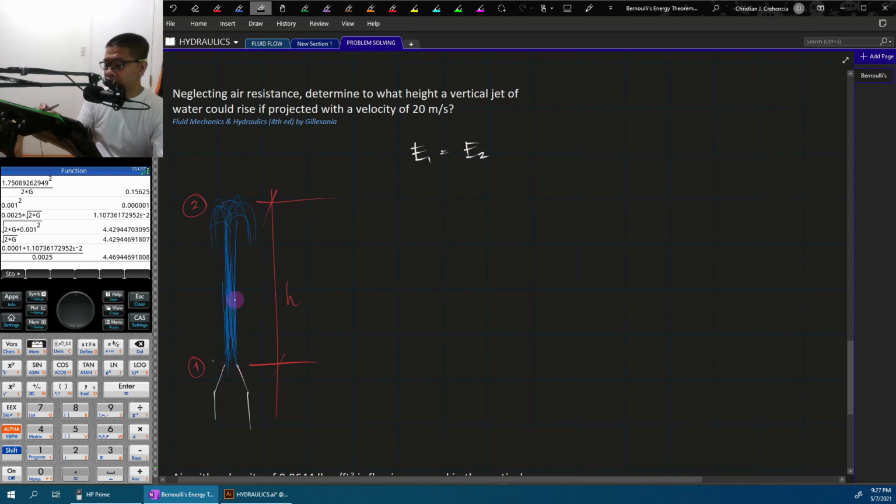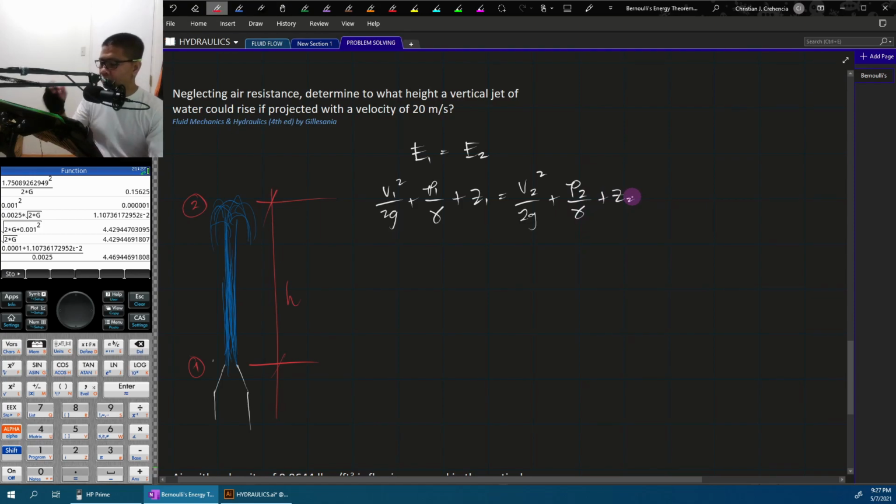Okay, so theoretical, wala tayong magiging loss. So, V1 squared over 2g plus pressure at point 1 over unit weight plus Z1 is equal to velocity at point 2 squared over 2g plus pressure 2 over the unit weight, then plus Z2.